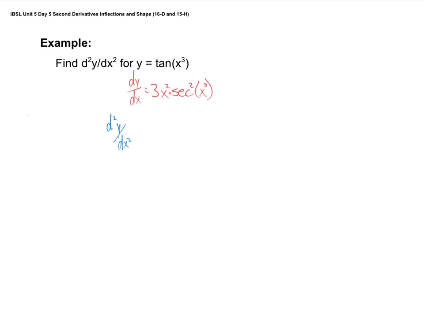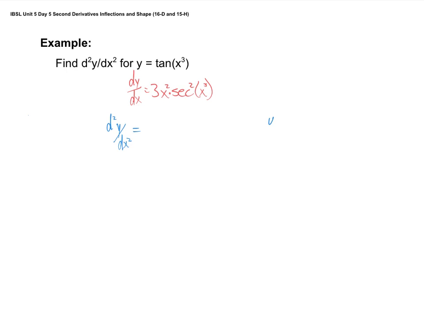Because we didn't have to use the product rule on the original function, but now we do. Alright? It's really easy to just jump to conclusions and say, oh, it's 6x times whatever secant squared is. And it's a little more complicated than that. Alright? So, let's work through the product rule.